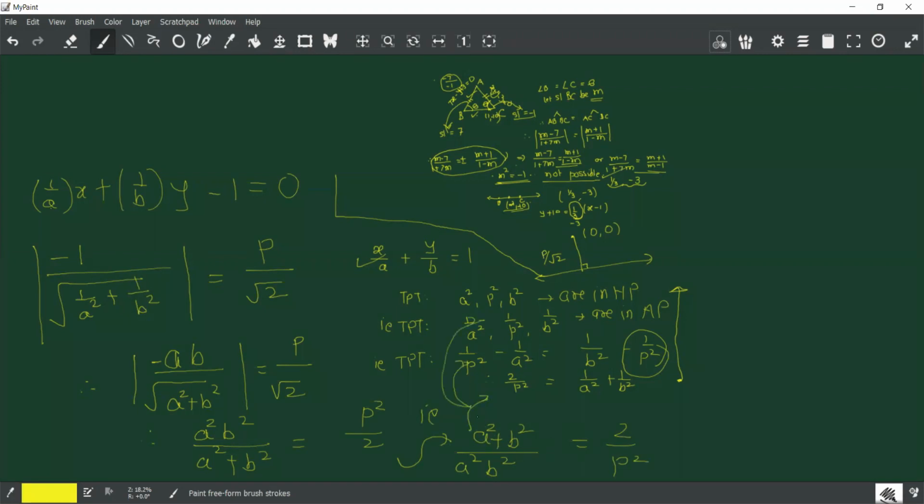You understand? 2 upon p square is, now a square upon a square b square, a square will cancel. So it is just 1 upon b square. And b square upon both will give you 1 upon a square. So ultimately you got 2 upon p square is 1 upon a square plus 1 upon b square.